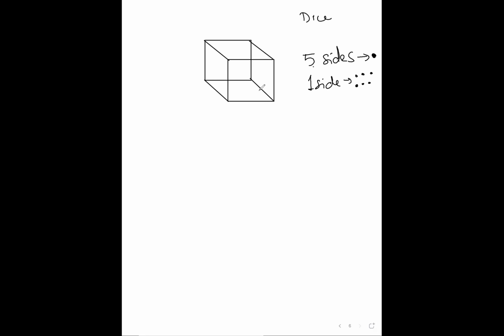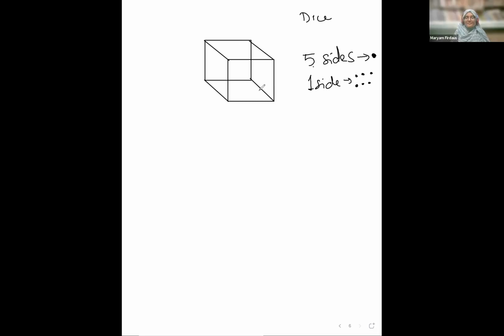What is more probable, that you will see the number 1 or the number 6? 1. Why? Because it's hard to get 6.